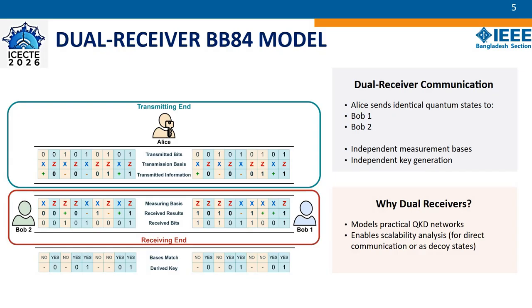That means if Alice measures one transmitted bit in Z basis and Bob measures in X basis, Bob will get an unexpected result. To avoid this, both receivers Bob1 and Bob2 will notify Alice what measurement basis they used for the transmitted sequence, and Alice will do the same, and they will calculate QBER later. This setup models practical QKD networks and allows us to study scalability and consistency under identical attack conditions.